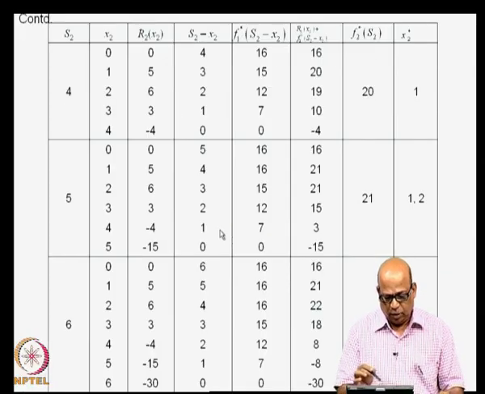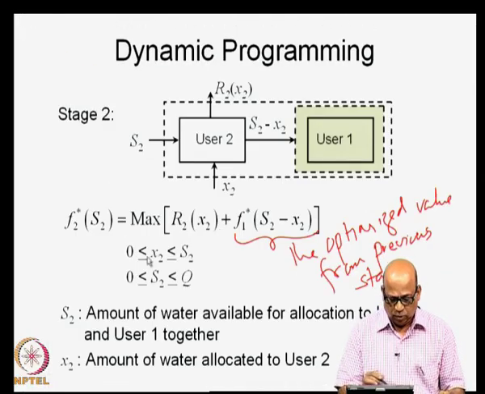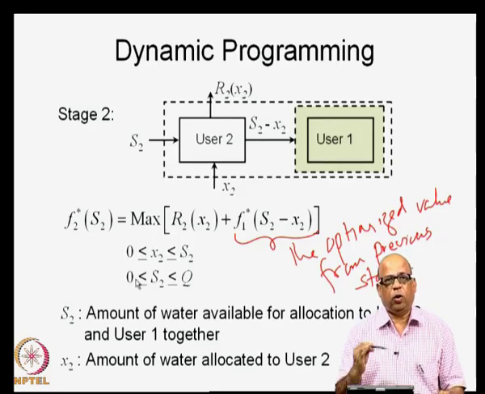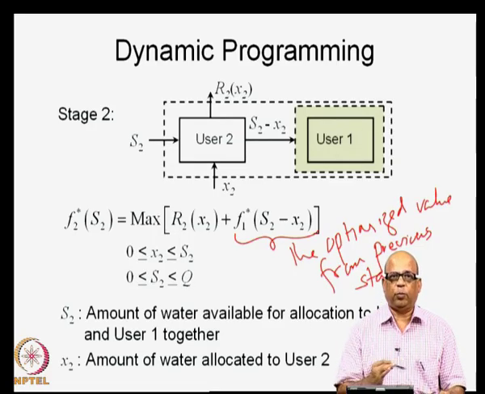In stage number 2, what did we do? In stage number 2, we said we will solve this problem for all values of S2 going from 0 to Q. That is why we solved it for given values 0, 1, 2, 3 etcetera up to 6.